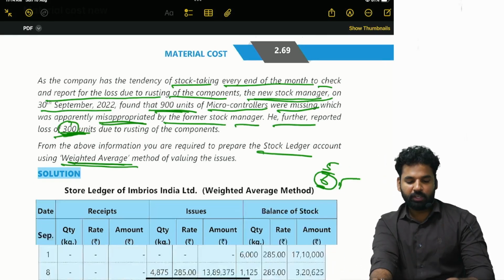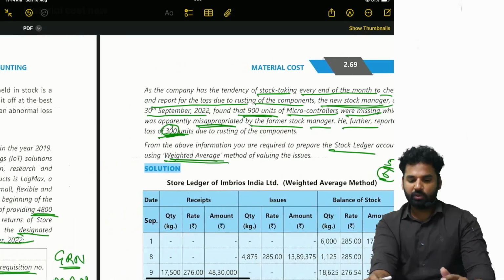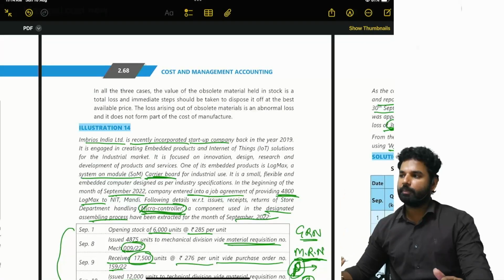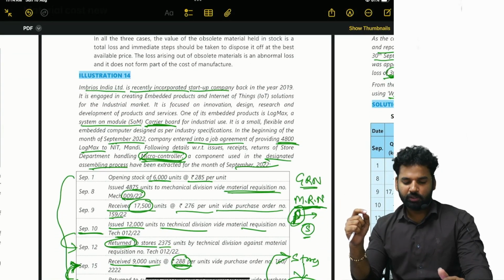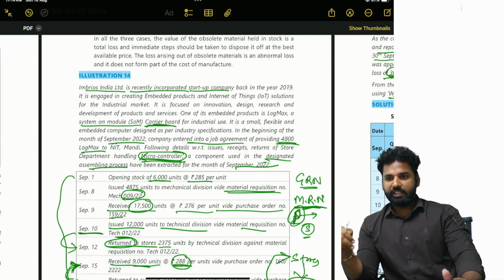Okay. So in this question we have seen some new transactions or new treatments. With respect to returns from the production department to the stores department, what shall be done? Returns from production to stores will be treated just like receipts.